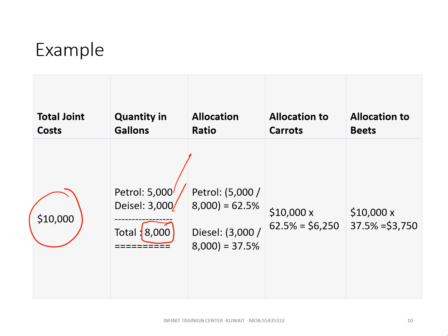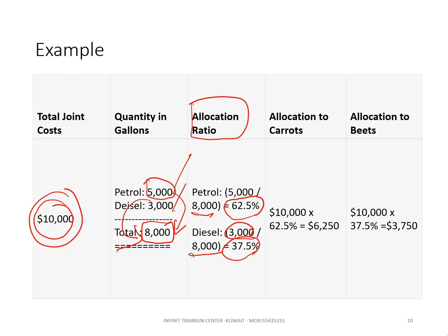So we have to find an allocation ratio, on what basis we will allocate this 10,000. In this case we are doing physical measure, right? So we will take 5,000 of petrol out of total 8,000, so 5,000 divided by 8,000. Petrol is coming to 62.5% of the volume when compared to the total volume. And diesel is 3,000 out of 8,000, and that is coming to 37.5%.